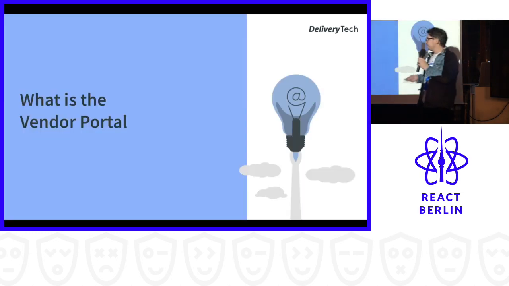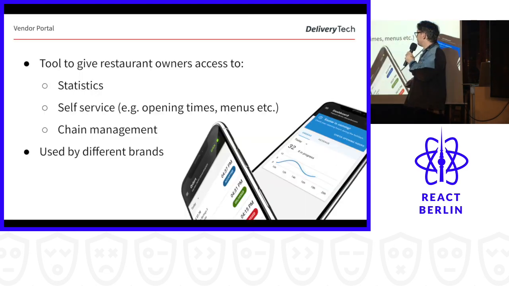So first, what are we doing and why did we need this plugin system? What we built is the vendor portal, which is a tool for restaurant owners to do all sorts of things. They can look at the statistics, think Google Analytics for restaurant owners, like revenue and orders over time.